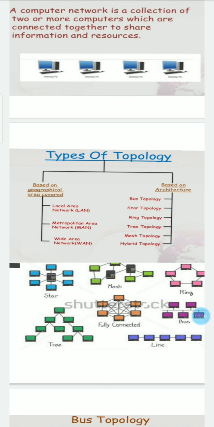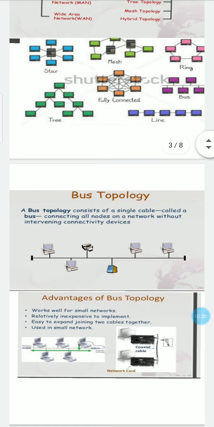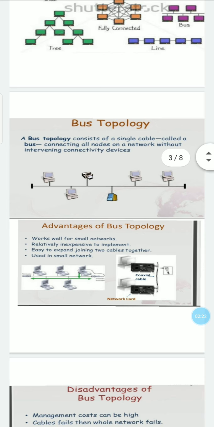Now let us learn these topologies one by one. As per your syllabus, we are going to learn about 4 topologies in detail. They are bus topology, ring topology, star topology, and mesh topology. Now, what do you mean by a bus topology?